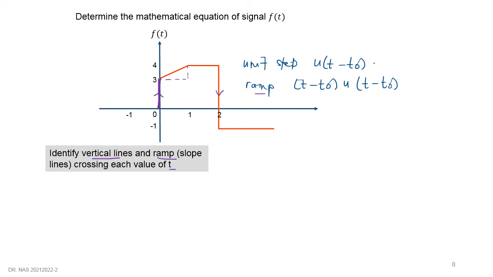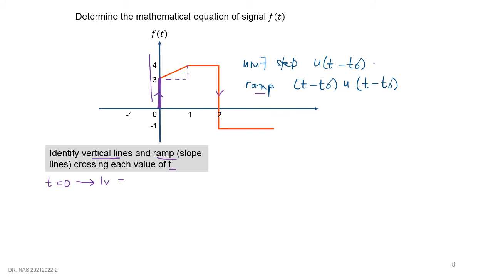Okay, so to start with, let's consider t equal to 0. Along this line, how many lines are connected to t equal to 0? First, you may notice that you have the vertical lines. Let's label it: you have one v, meaning one vertical line.